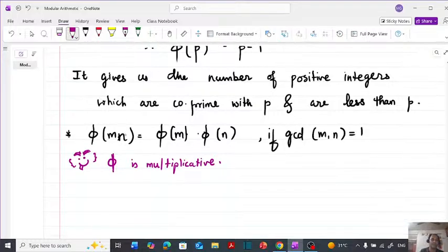Now, see, every number in mathematics can be written in powers of primes.